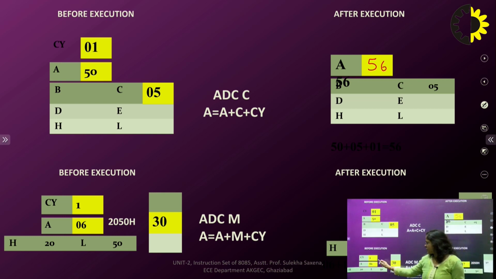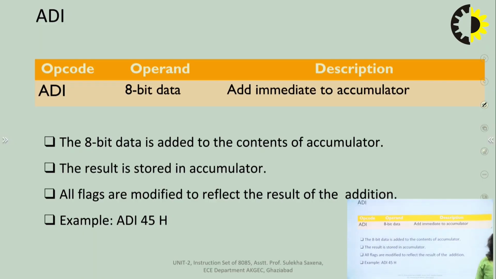Similarly, if we take another example of ADC M, carry flag 1, accumulator 06, and HL contains 2050. Let this address have value 30, so the result will be 30 plus 6 plus 1, that is 37. And this value will be stored in accumulator. In this way, the instruction ADC will be performed.